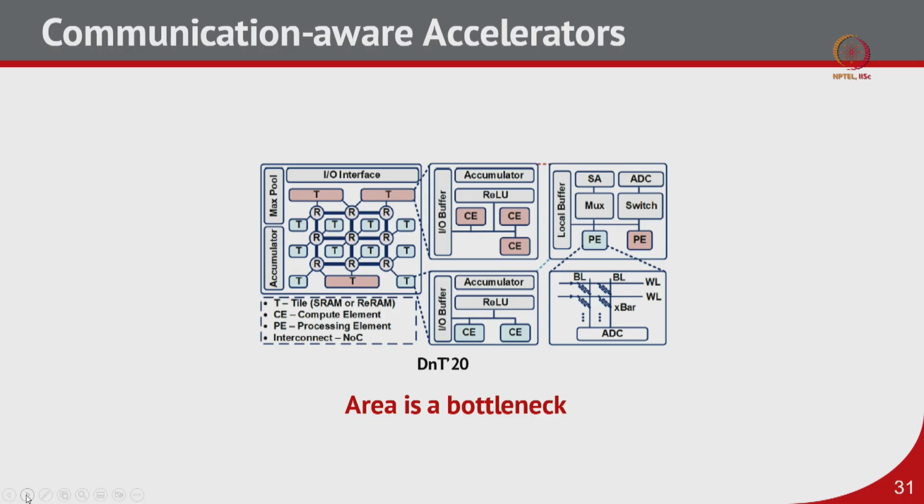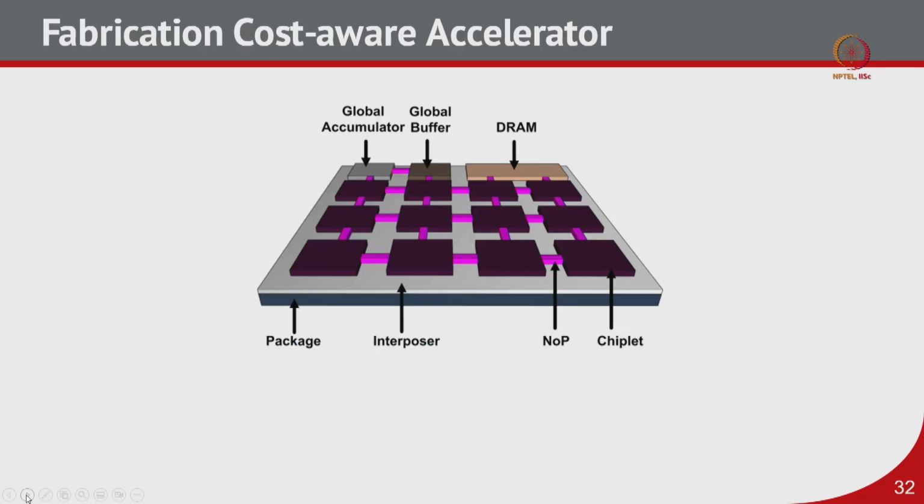So, in that case, we have area as the bottleneck. That is why there are fabrication-cost-aware accelerators, where instead of having a huge monolithic chip, we can have multiple chiplets, so that the fabrication cost is reduced.